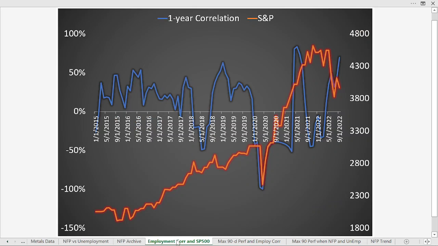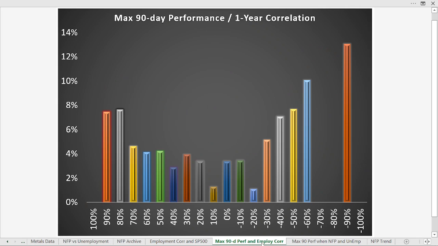But keep in mind, this particular case is attributed to the 90% correlation that took place in March of 2020, when the stock market just completely collapsed all at once. This was the only time, at least going back 7 years or so, that we saw a 90% correlation. So that's what this bar all the way on the right-hand side reflects.